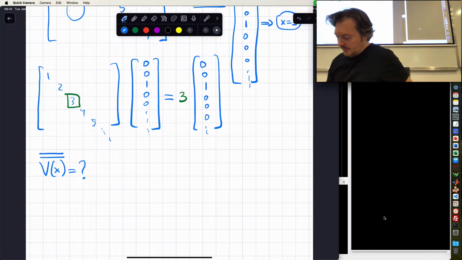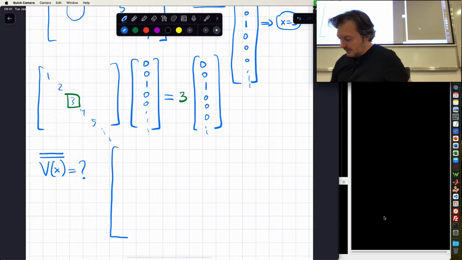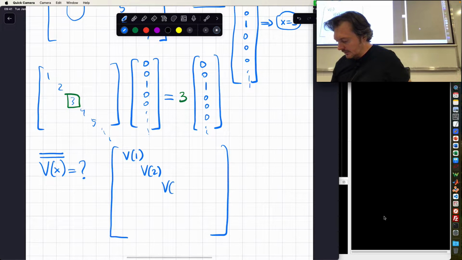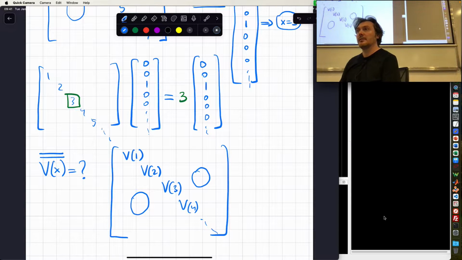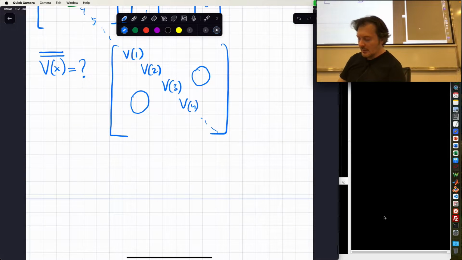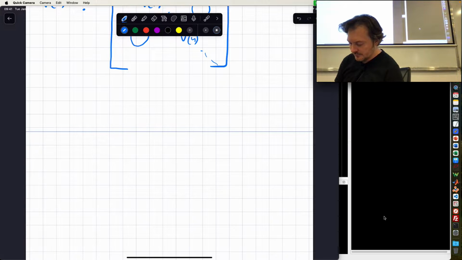Let me give you the answer. The answer is this: V at 1, V at 2, V at 3, V at 4, dot, dot, dot, zeros everywhere else. Does this make sense? Yes? Very good. How about kinetic energy?